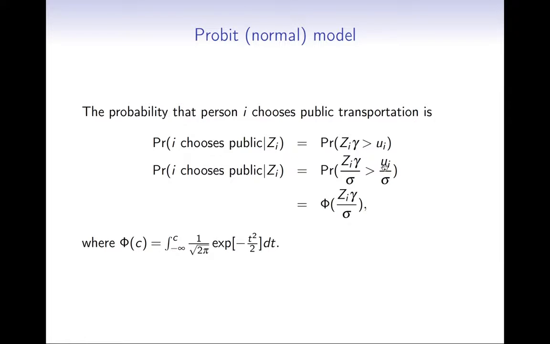If we normalize that by sigma, then we get something that's normal 0, 1. Okay, and so this is then the normal CDF, because it's the probability that a normal 0, 1 variable is less than this. Here I'm just giving the expression for the normal CDF.